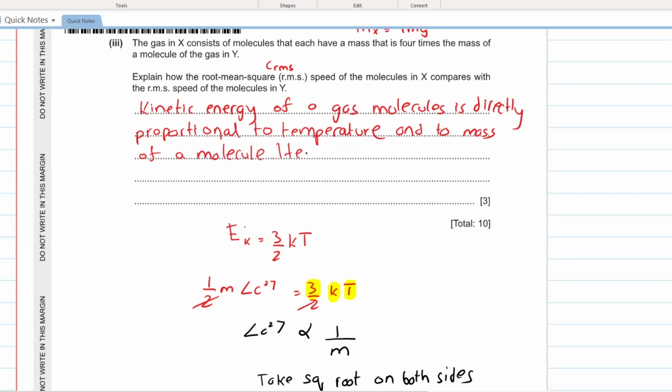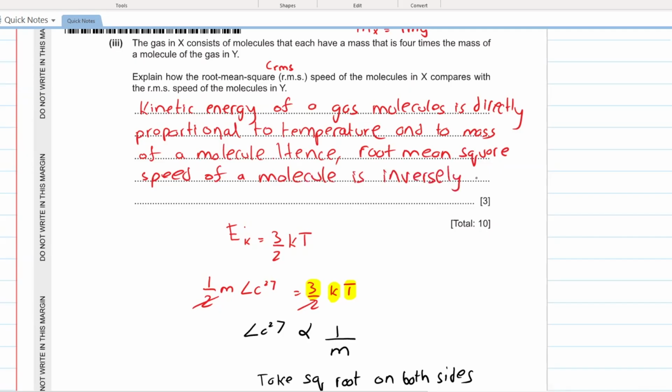Hence, the root mean square speed of a molecule is inversely proportional to what?